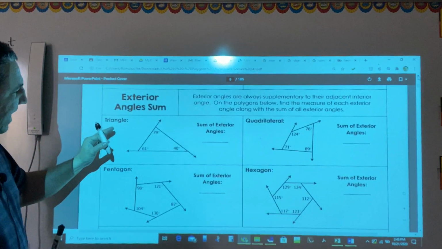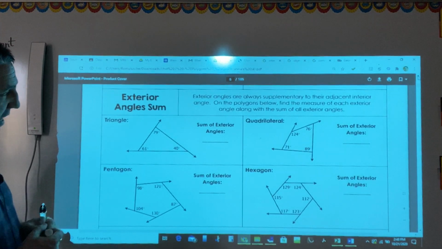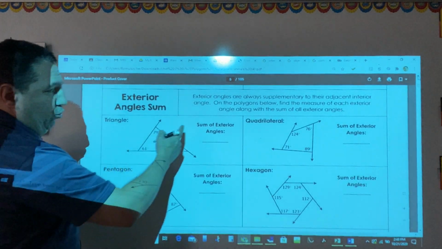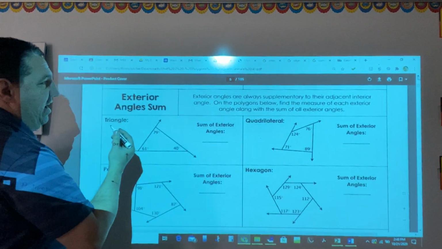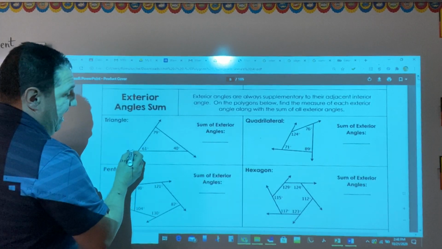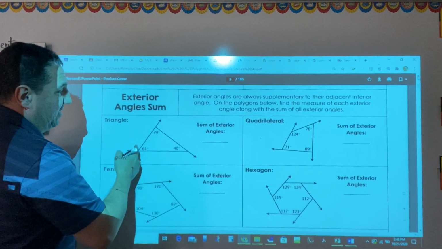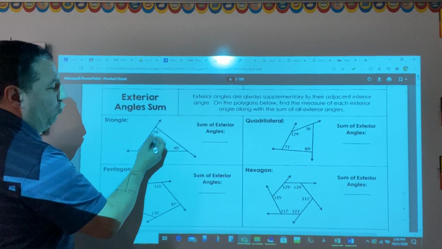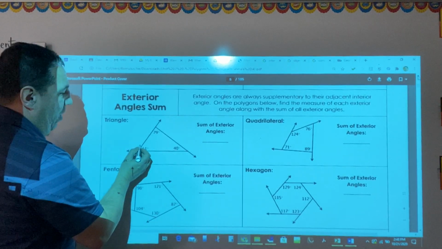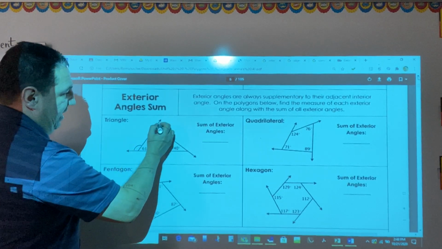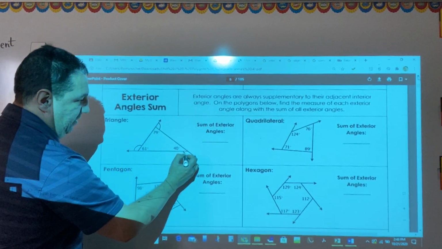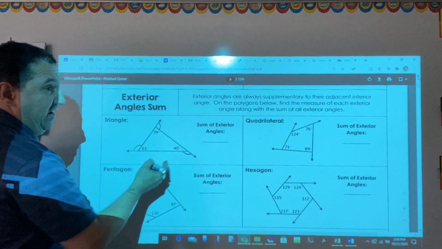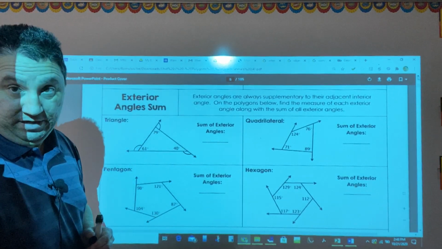Now, look at this triangle first. We need to find the sum of exterior angles. As I mentioned earlier, a triangle has three exterior angles, right? Each for one interior angle. And these exterior angles are supplementary to their interior angles.